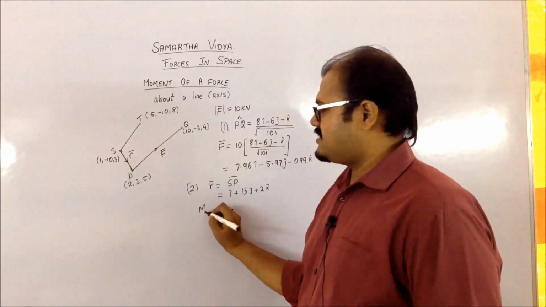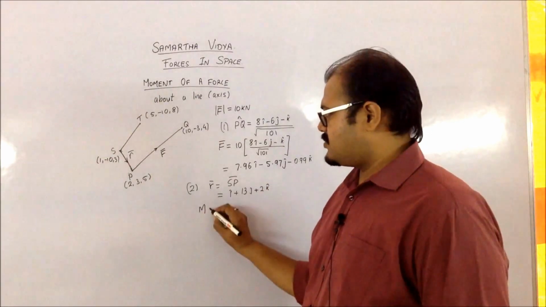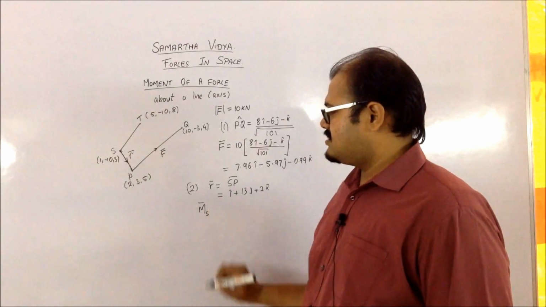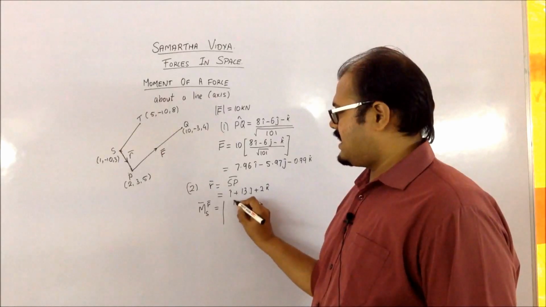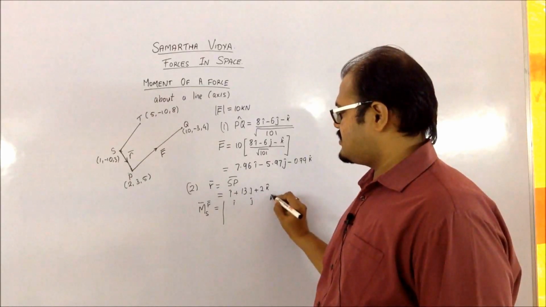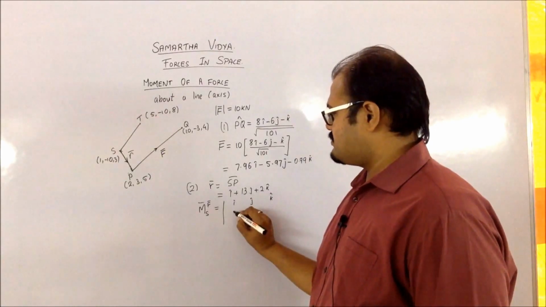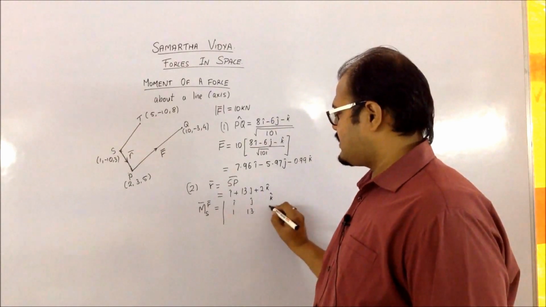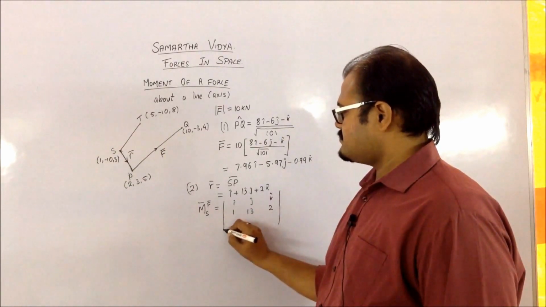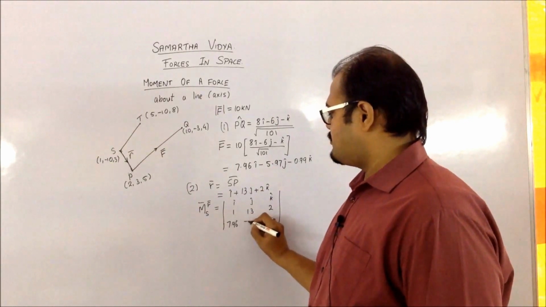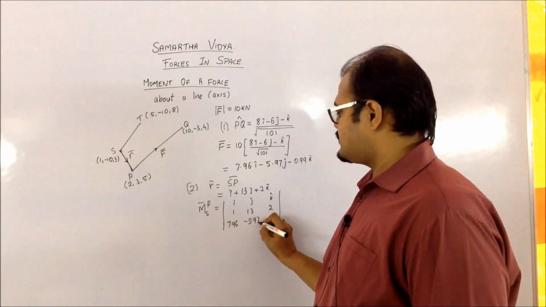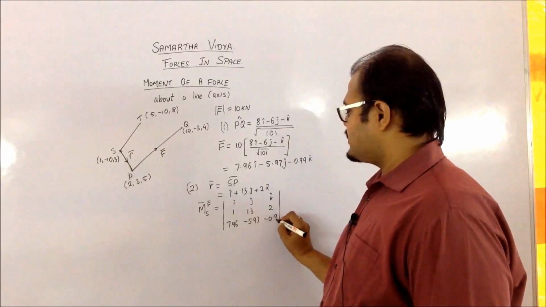After that, you need to find your moment about the point S for the force F bar. So that's going to be the determinant of i, j, k, with your R bar as 1, 13 and 2, and your F bar as 7.96, minus 5.97 and minus 0.99.